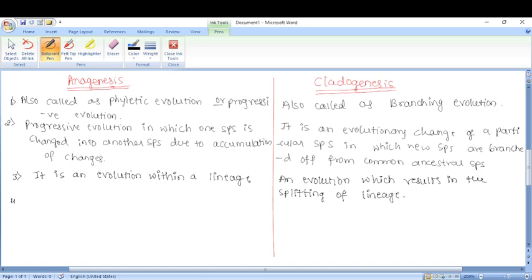Next difference. Branching of lineage does not occur in case of anagenesis, no branching of lineage, and in cladogenesis branching of lineage occurs.